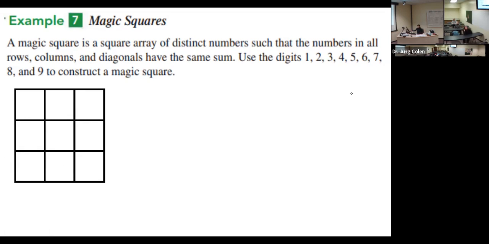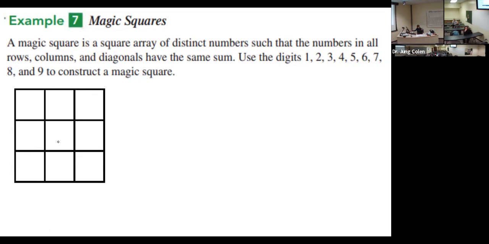Okay? Do you understand what the question is asking? So you are using these numbers 1 to 9 once, and you need to use all of the numbers. The sum for columns, rows, and diagonal has to be the same sum. What's the easiest way? Put the middle number, 5, in here.